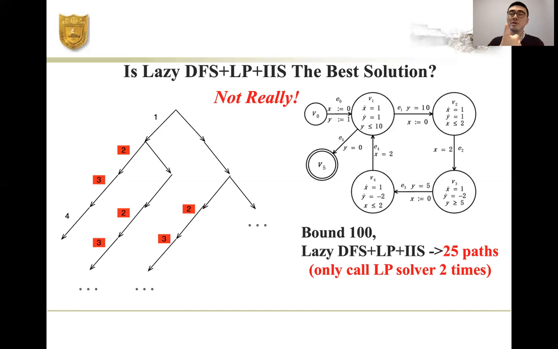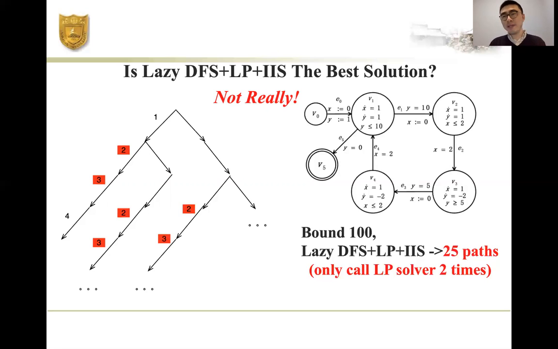What does that mean? That means the bad example guided traversal works, because we have 23 paths refused, not by LP solving, but by the bad examples. For example, here, 2, 3, 2, 3, 2, 3, and so on. But the question is, is there any method where we don't need to traverse these bad examples?